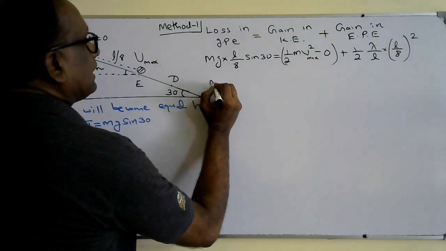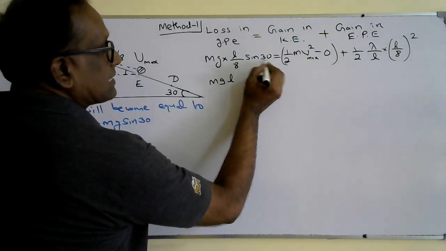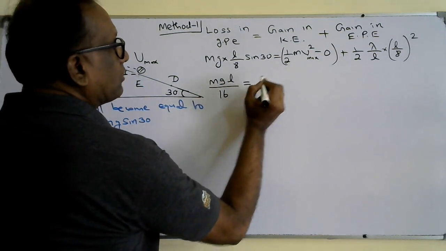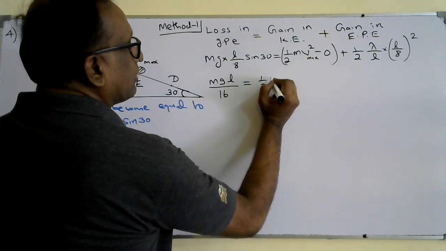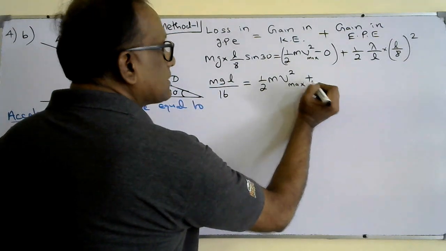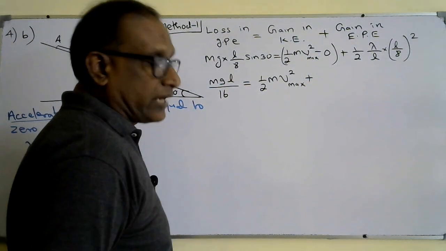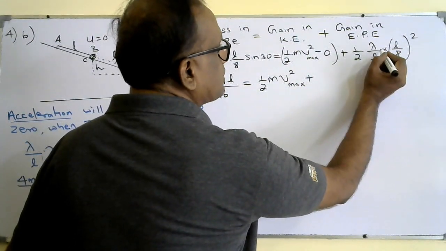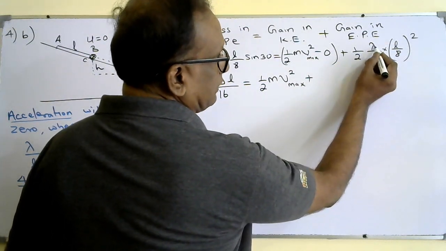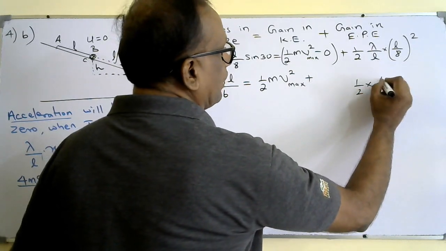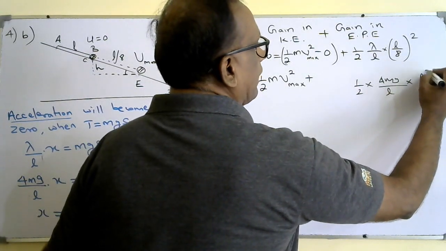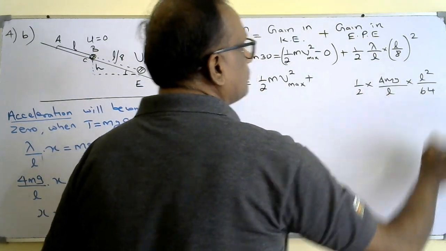So it's going to be mg L, and sine 30 is half, so mg L over 16 equals half m V max squared plus the elastic term. Lambda we know is 4 mg. Substituting 4 mg with the half gives 2 mg over L times L squared over 64.